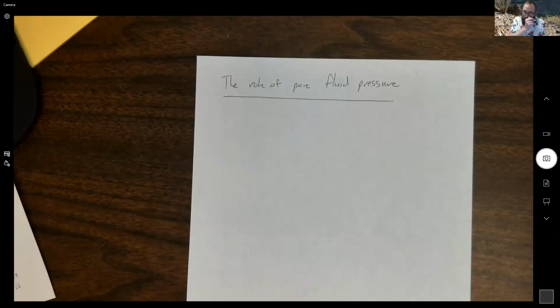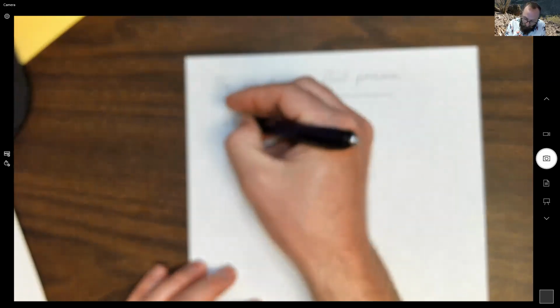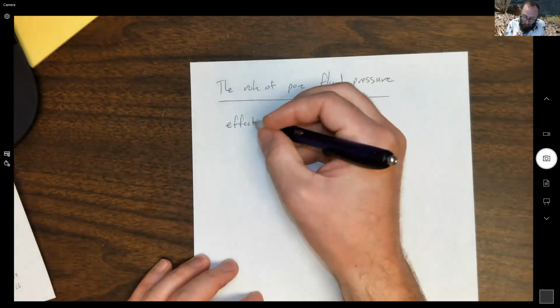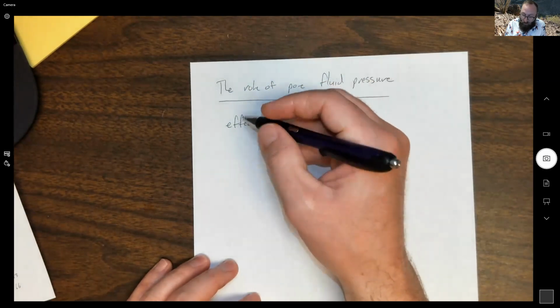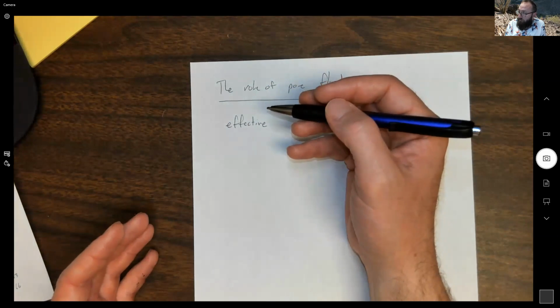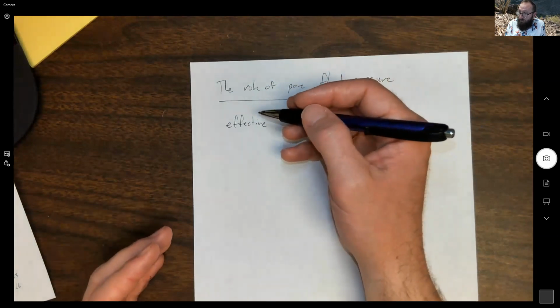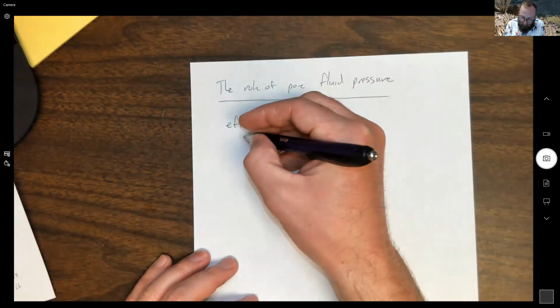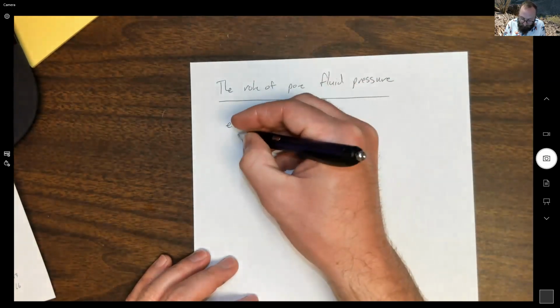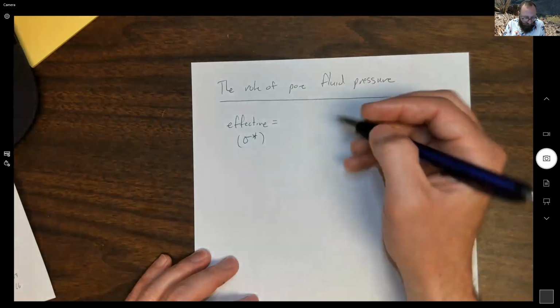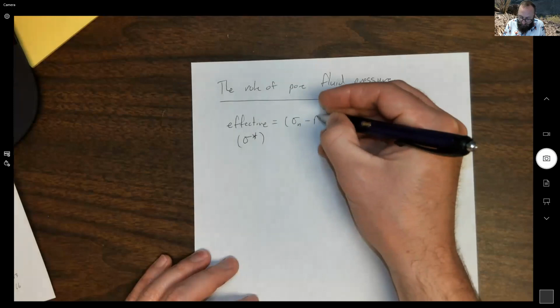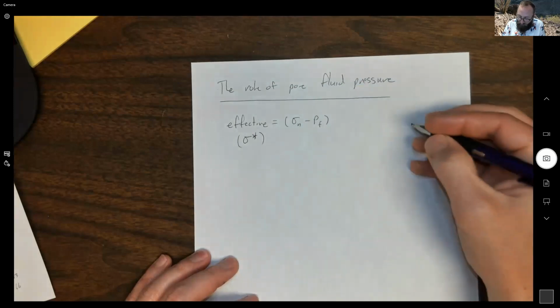So they introduced the concept of effective stress. You really more or less have to think about rocks behaving in this way everywhere on Earth rather than simple Coulomb behavior. Effective stress, which they note as sigma asterisk, is actually sigma n, the normal stress, minus whatever the pore fluid pressure is.